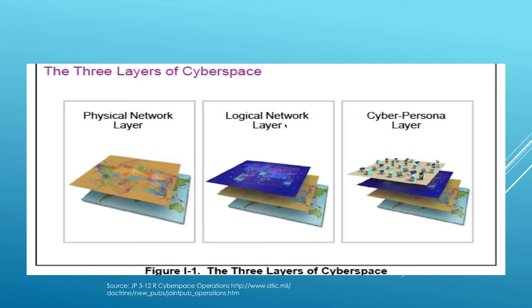And those physical assets can be targeted against and collected with many of the traditional means we talk about: IMINT, SIGINT, COMINT, etc. The logical layer refers to the bits and bytes, as well as the networks.